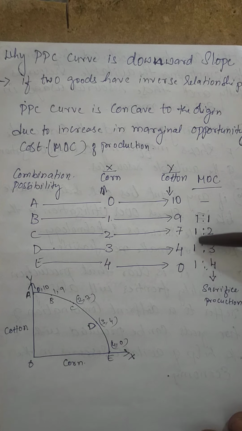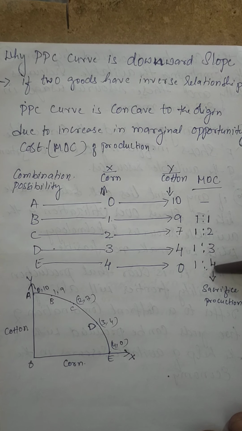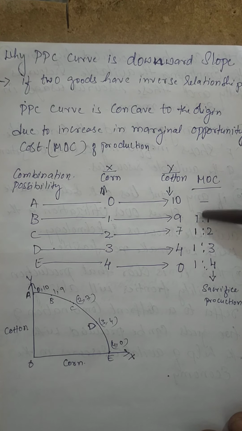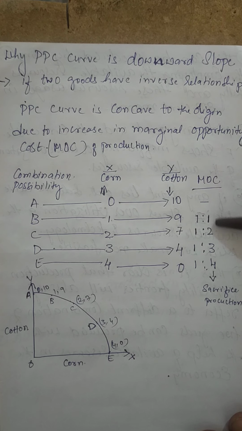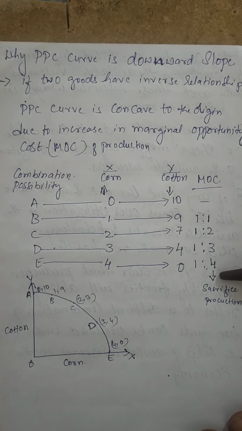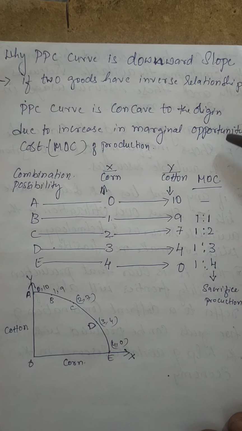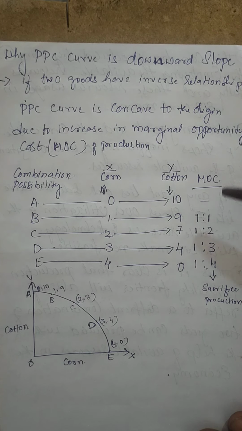So here you are going to get the same again, 1:3. This means you can observe that whenever there is an increase in one good, a sacrificing of production of another good takes place. That is what we call marginal opportunity cost of production.